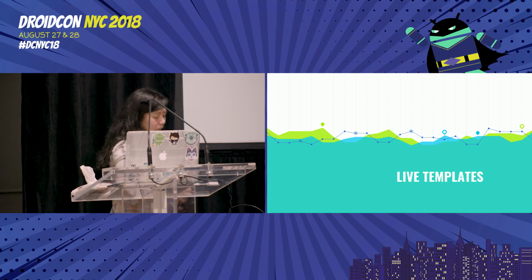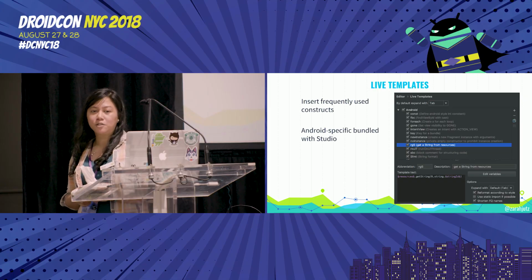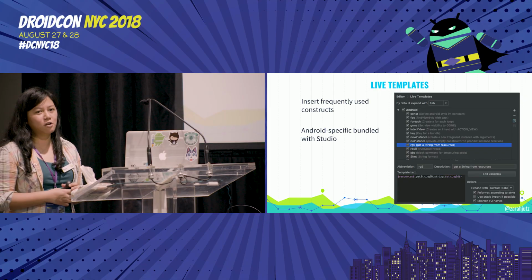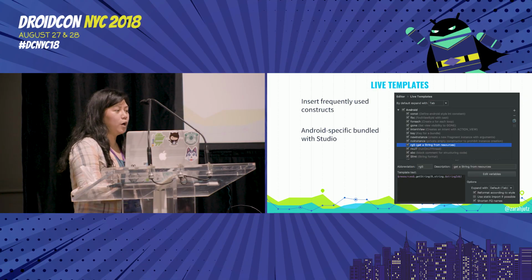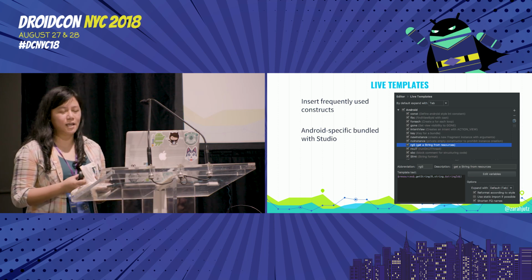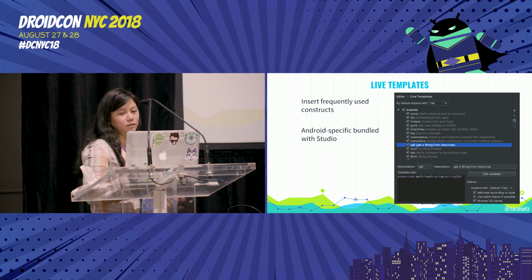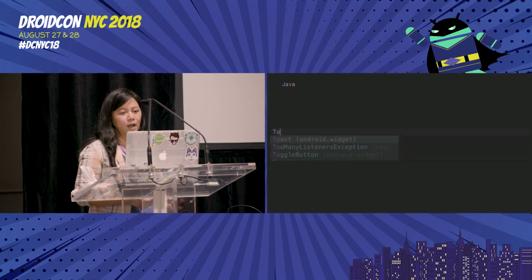Let's talk a bit about live templates. Live templates help us insert frequently used constructs in our code. These constructs are things like for loops, or loops in general, conditions, logging statements, etc. There are some Android-specific ones bundled with Android Studio.